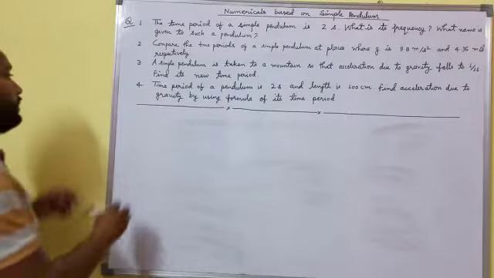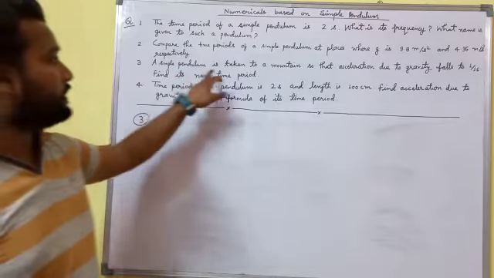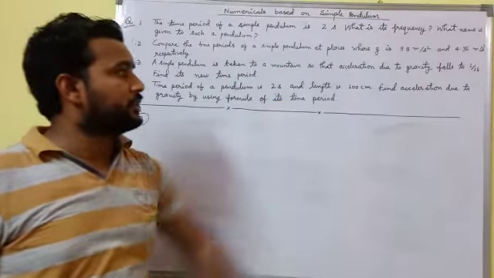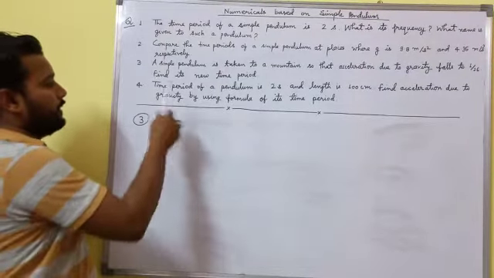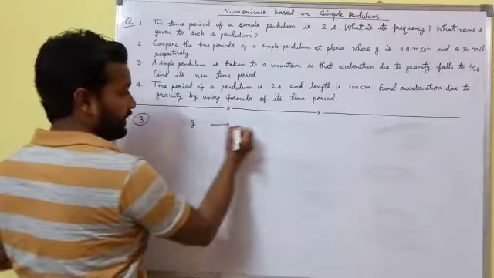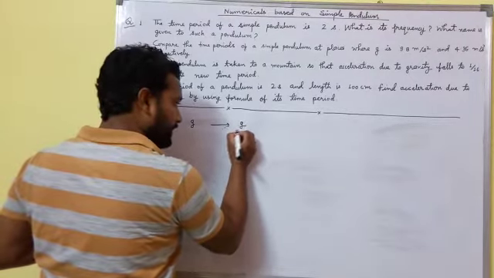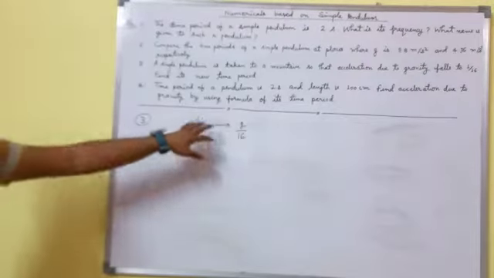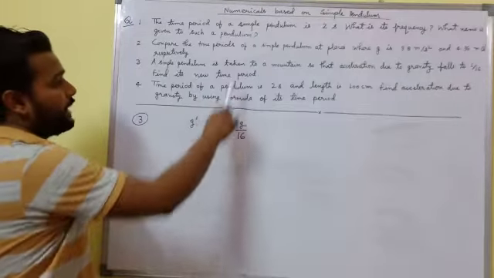Now students, the third problem is: a simple pendulum is taken to a mountain so that acceleration due to gravity falls to 1 by 16. It means the value of g becomes 1 upon 16 of g, so the value of g will be g by 16. The question is find its new time period.